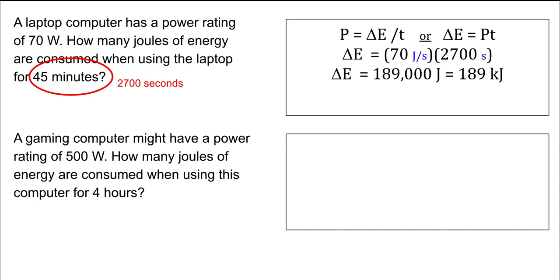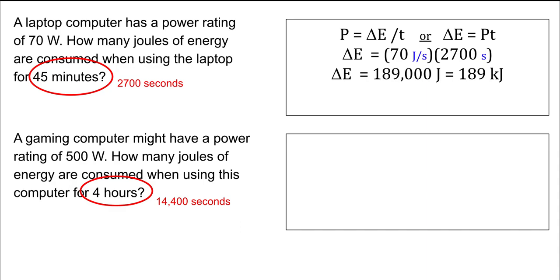Now, if we have a more powerful item, like a gaming computer, that has a power rating of 500 watts, it uses much more energy than something like a laptop computer. And let's also assume that we're going to play with this a little bit longer, so 4 hours. So again, we would need that 4 hours to be changed into seconds. 60 seconds in a minute, 60 minutes in an hour.